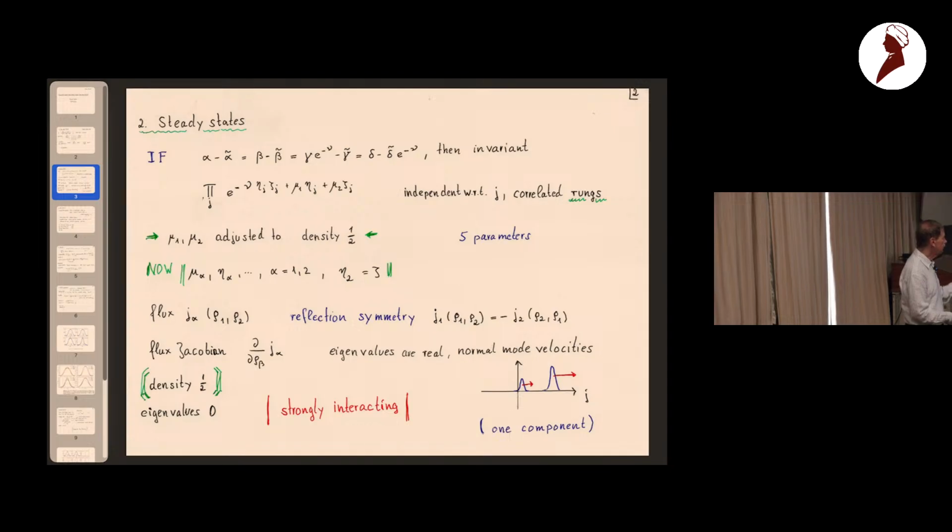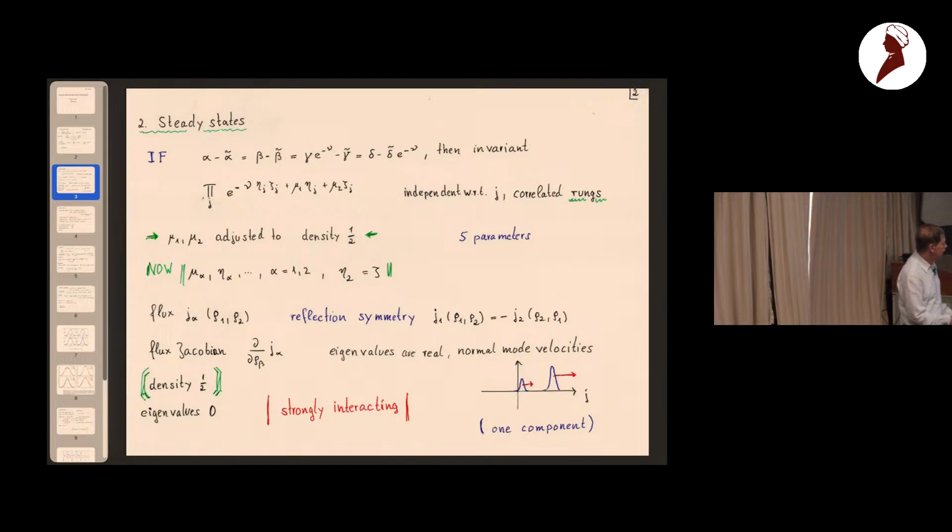Okay? All right. So what is the next step in the analysis typically? You want to know something about the flux Jacobian. That's in some sense the most elementary dynamical property which you could look at, which is this particular matrix. You just take the alpha current and you differentiate it with respect to the two densities.